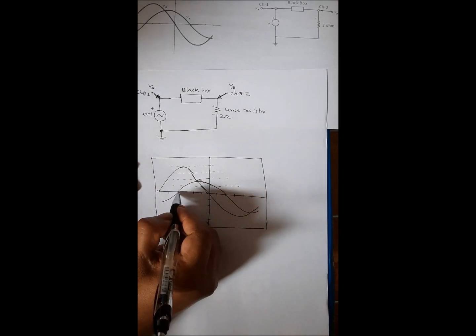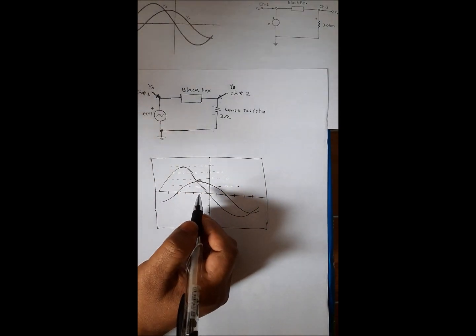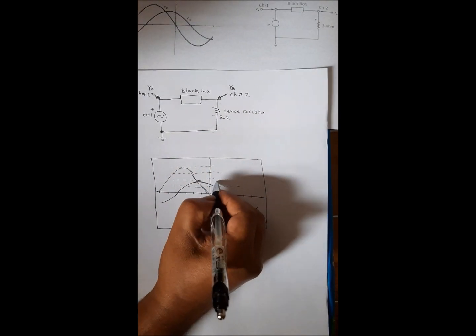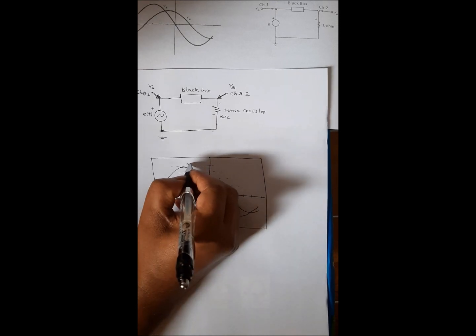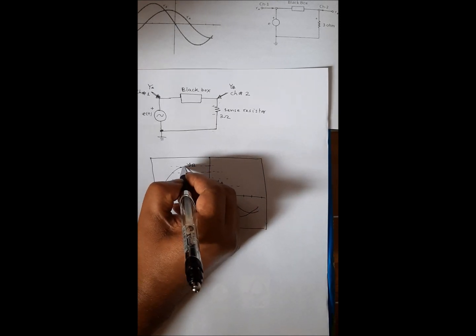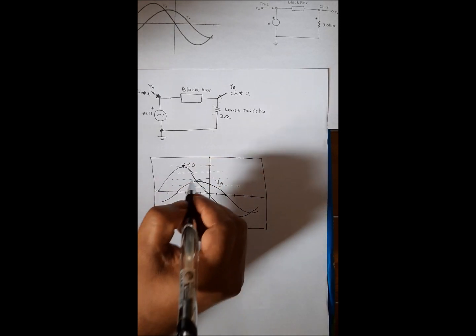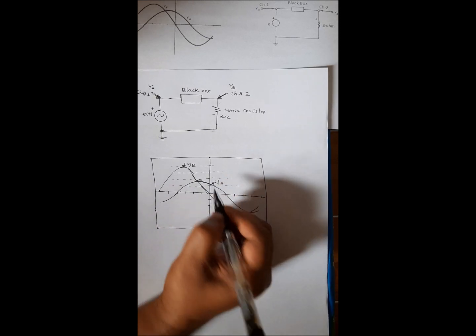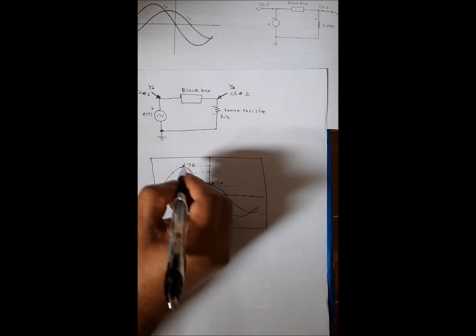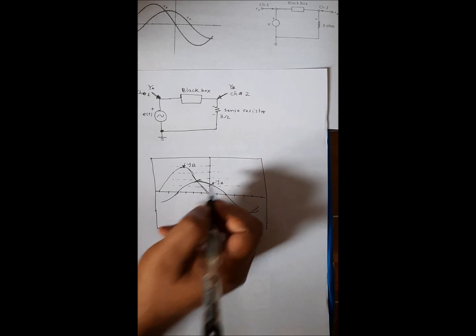So we'll get the waves like this. It is not a very good drawing. However, this is posted on D12, so you can see the graphs from there. So this is your YA and this is your YB. So this is basically channel 2, this is channel 1. So channel 2 gives this wave and channel 1 displays this wave.